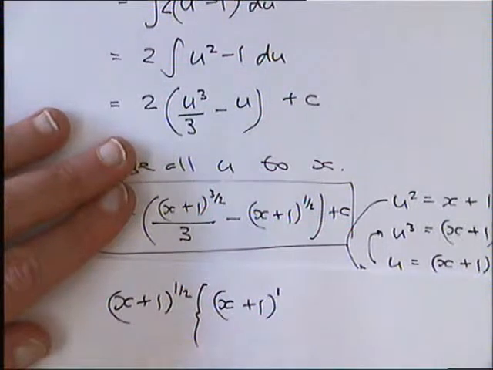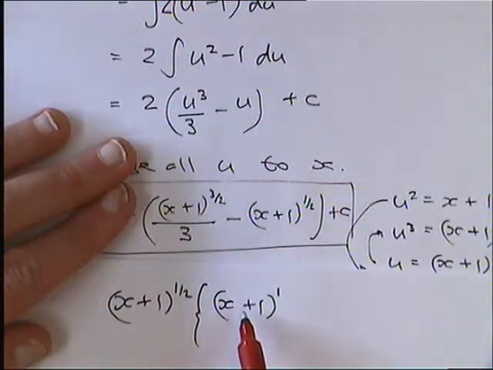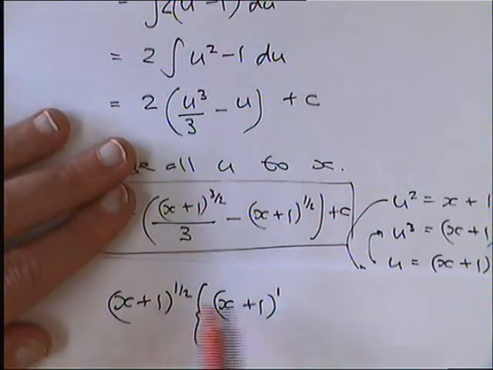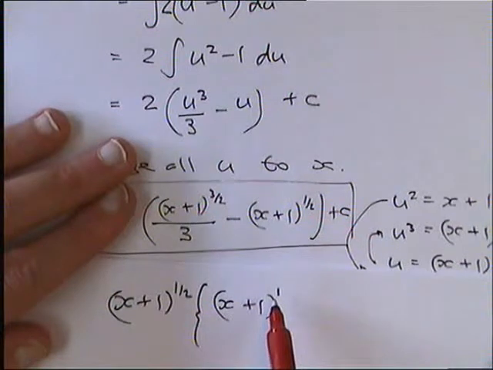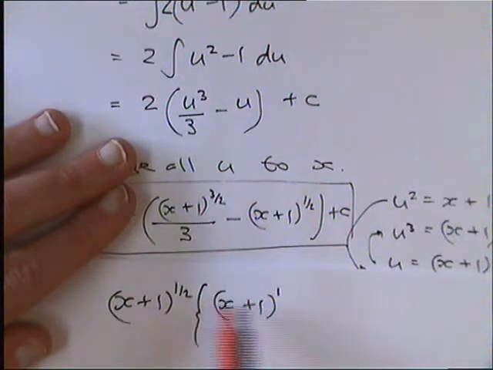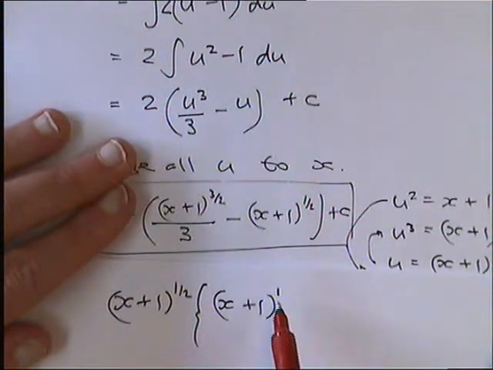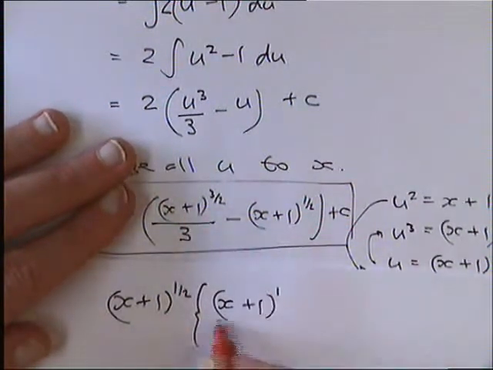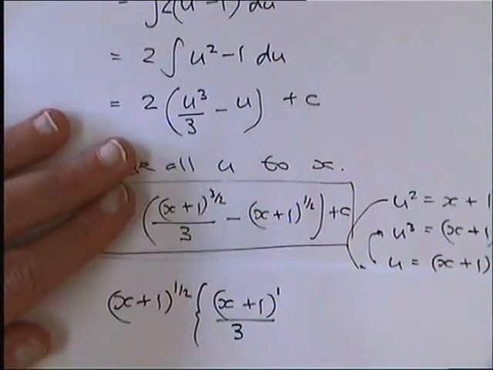If I put a power of 1 on there, what do I get if I times that and that together? Well, add the powers. Half add 1 is 3 over 2, which is what I want. So that times by that gives me that bit there. That needs dividing by 3.